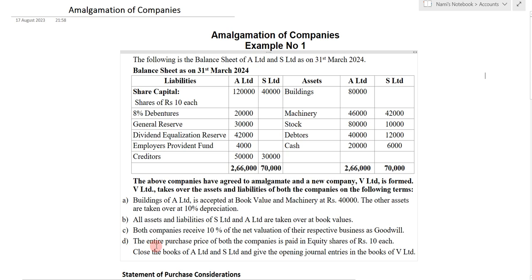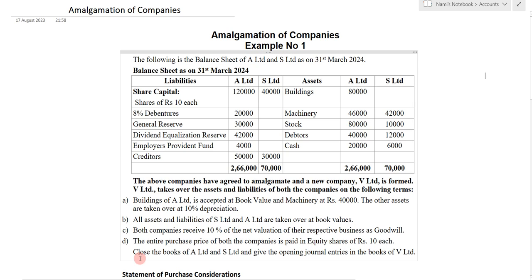Next, the entire purchase price of both the companies is paid in equity shares of rupees 10 each. Whatever the purchase consideration is, V Limited has decided to pay it to both companies, A Limited and S Limited, in equity shares of rupees 10 each.